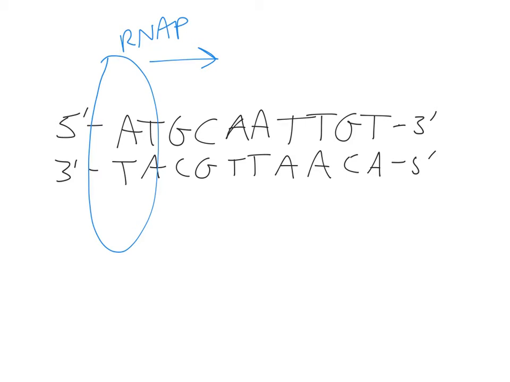I'm going to code everything that's RNA related in blue. So as RNA polymerase moves this direction, and it winds up down here, there's going to be an RNA molecule sticking out of the active site of RNA polymerase, right? That's the RNA molecule it's synthesizing as it reads the DNA. Which end is sticking out? 5' or 3'?